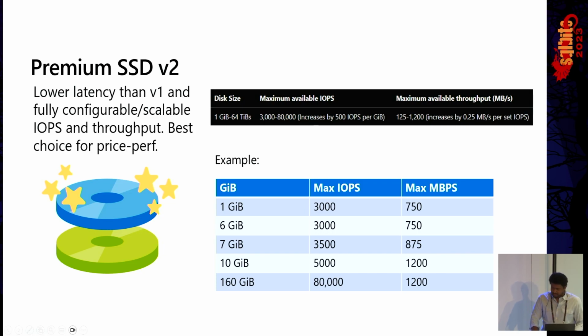Now, for Premium SSD V2, as I said, you get the first 3,000 IOPS free, and you can go up to 80,000 IOPS. The minimum IOPS is 3,000, and for every 500 GB, we will add IOPS automatically. So that's what it comes with.